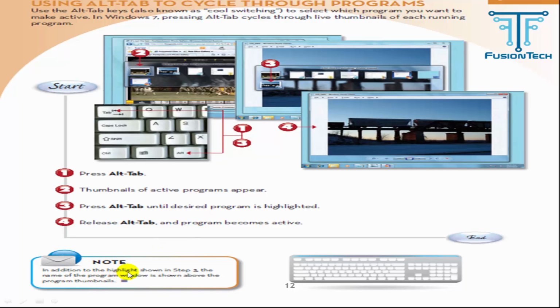In addition to the highlights, so this is a note. In step 3, the name of the program or window is shown above the program thumbnail, and here you can see the name of the program. So don't worry, you see which program you opened.